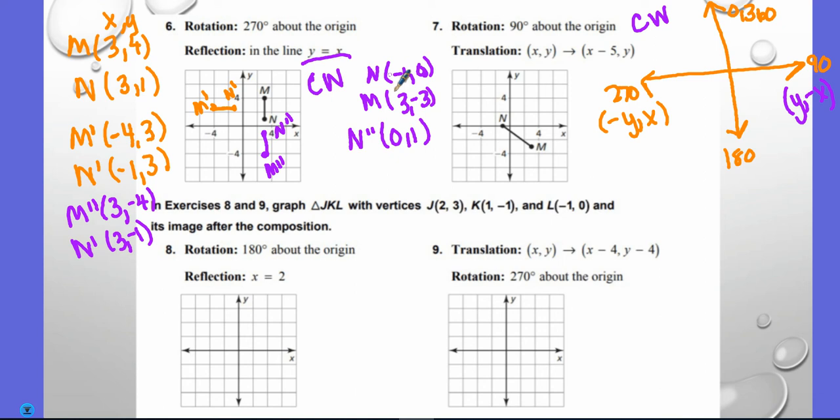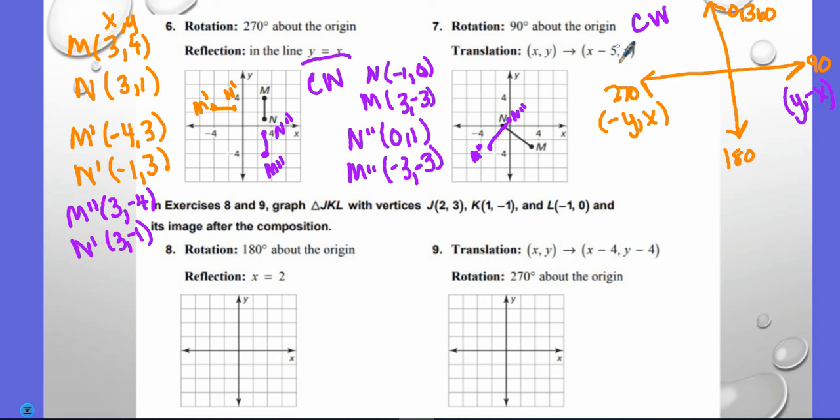So I'm switching them, and then I took the opposite of 1. Switching them and taking the opposite of positive 3, which is negative 3. Okay, and then I'm going to graph this. N double prime. M double prime. And there you go.